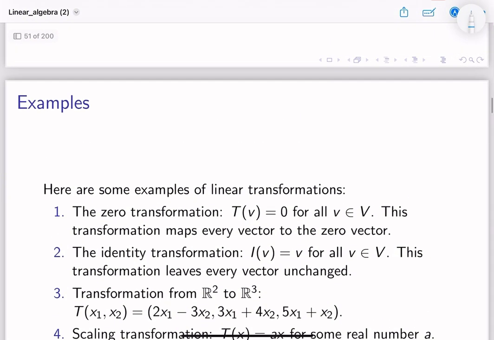So perhaps I should write the definition here for you, just to remind you. Let V1, V2 be vector spaces.